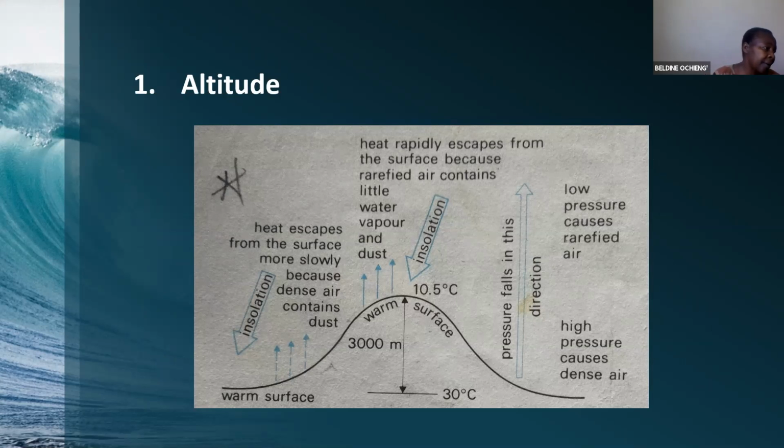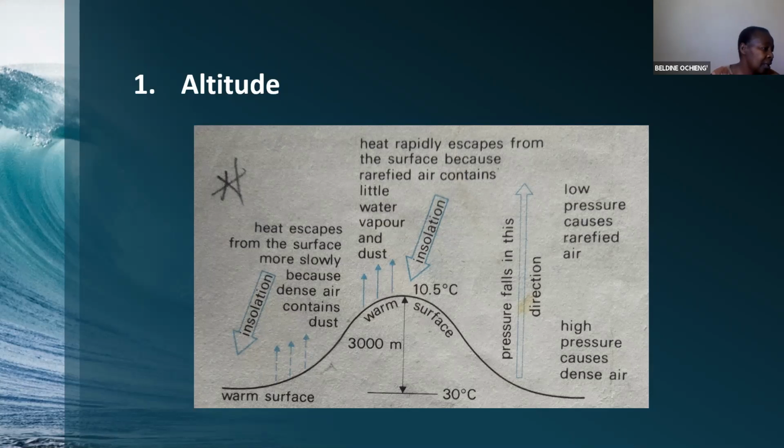We can see heat escapes from the surface more slowly because dense air contains dust. Dust particles are contained in the air. So it escapes slowly, it's heavier. It cannot move very fast up.